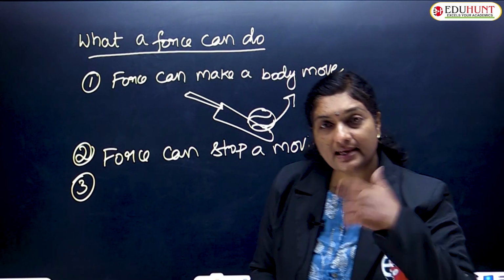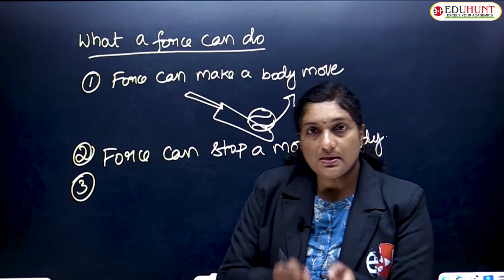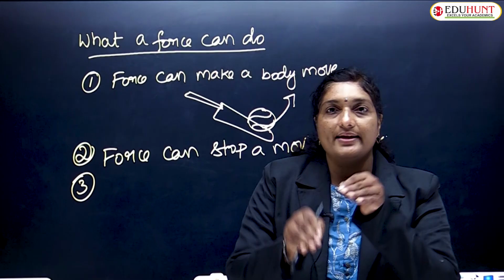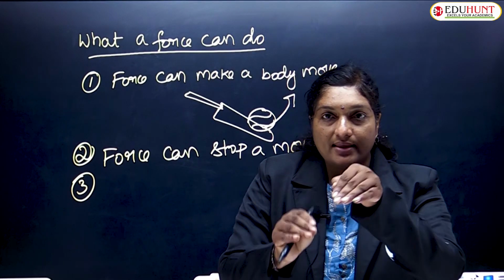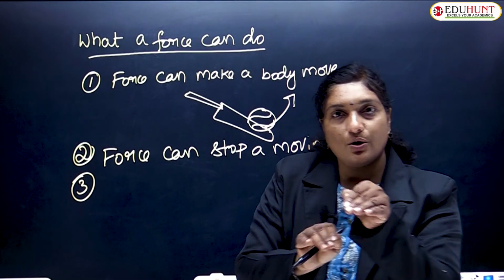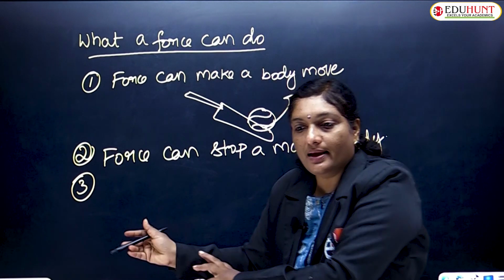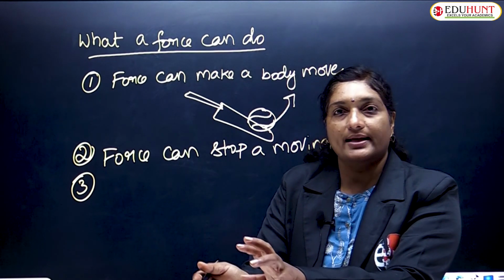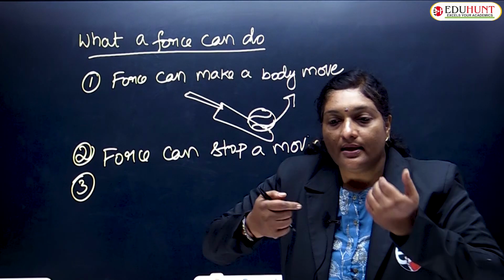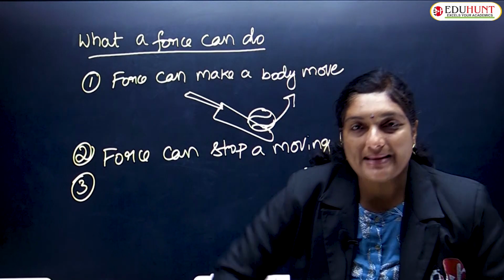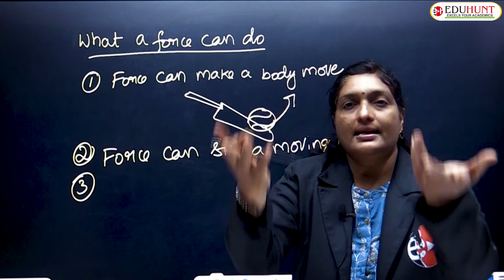Coming to the third example, consider the same bicycle. Small children slowly try to pedal the bicycle. Their parents or siblings may give a kick to the bicycle, hitting it a little harder, so that the bicycle may move with a larger speed.